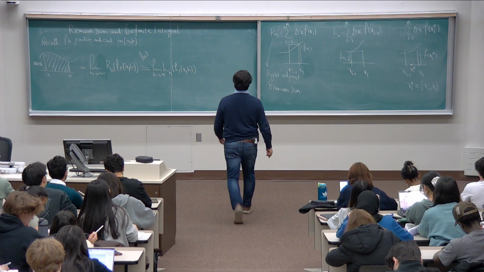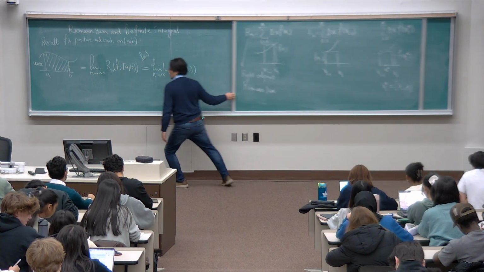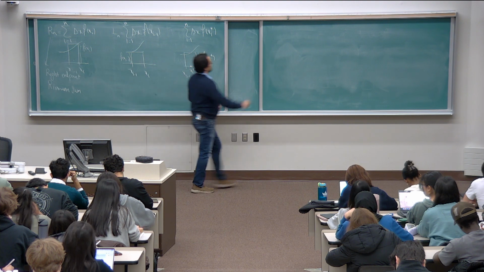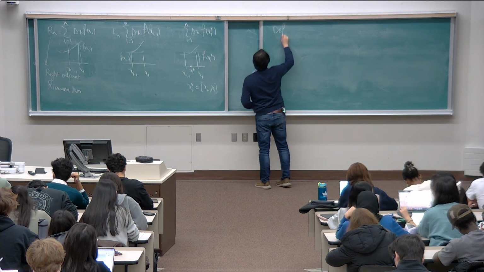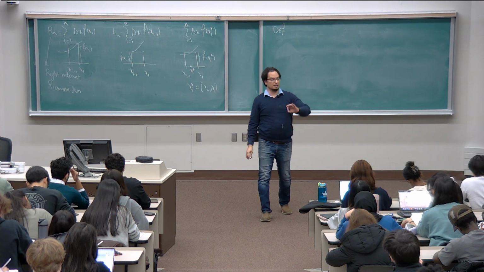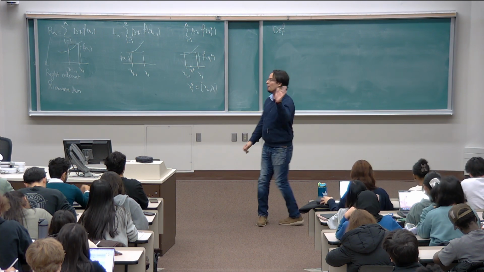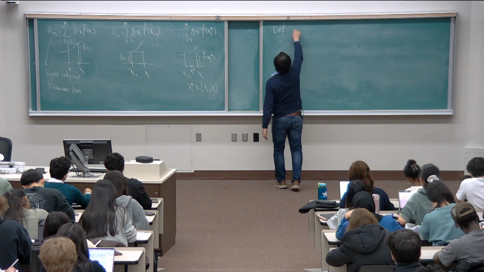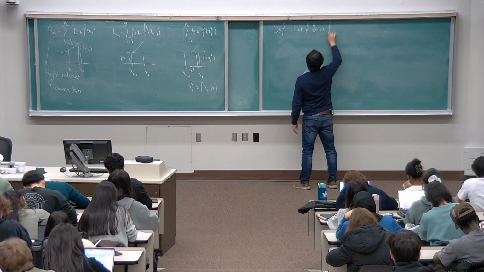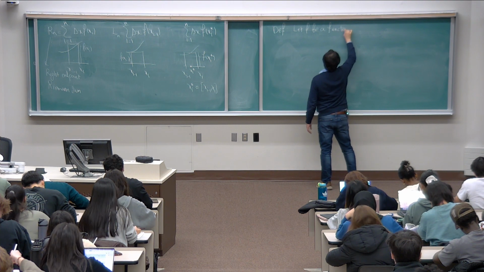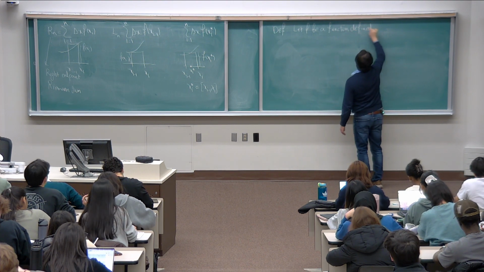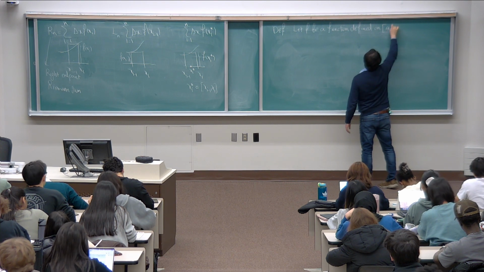Okay, so that is where my new idea is coming in. And this is a definition. I am no longer assuming f is continuous, nor that it is positive. Take any function, let f be a function defined on the closed interval [a, b].